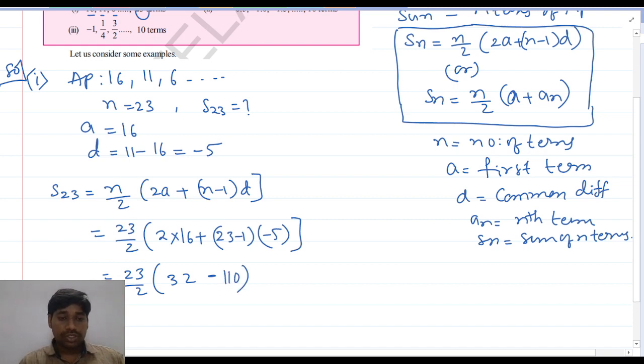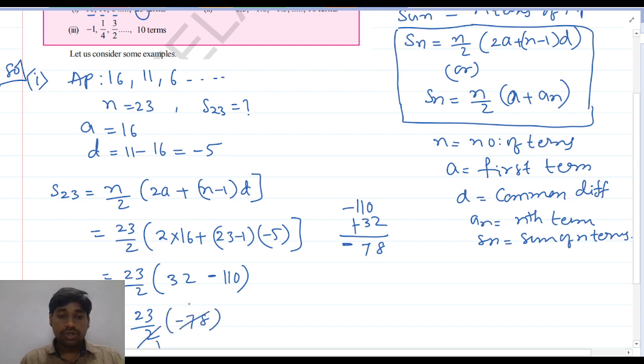So we subtract 32 from 110, and since the bigger number has the negative sign, the answer should come negative. It becomes minus 78.